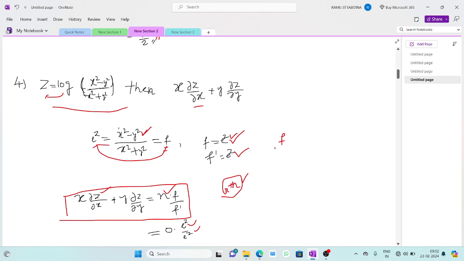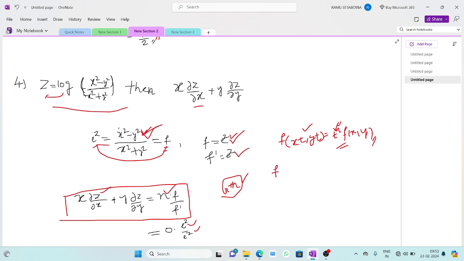If I consider f of x, y and substitute x as tx and y as ty, and I get t power n times f of x, y, then we say it is a homogeneous function of nth order. So I just substitute these values in the given function and check it.